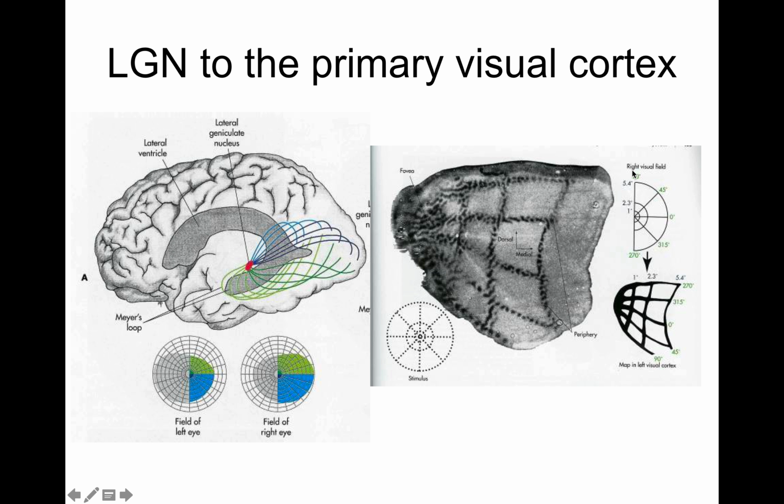Let's take a look at what I mean by that statement. The LGN comes back and feeds into different areas of your visual cortex, so you're basically mapping your retina on the back of your brain over here.